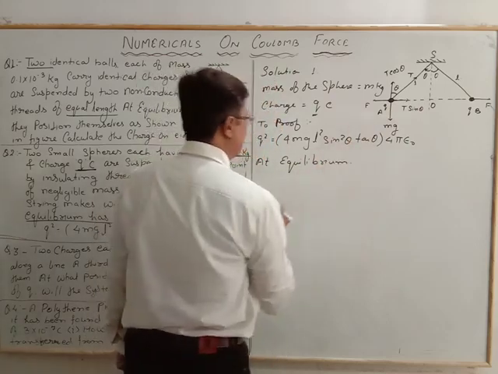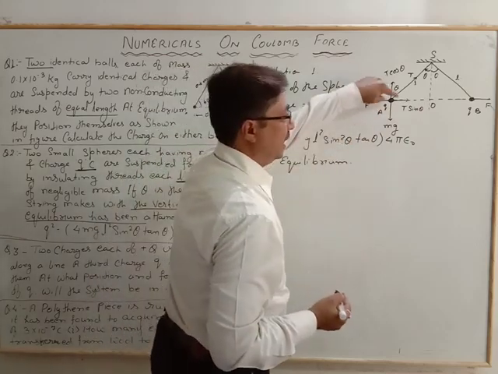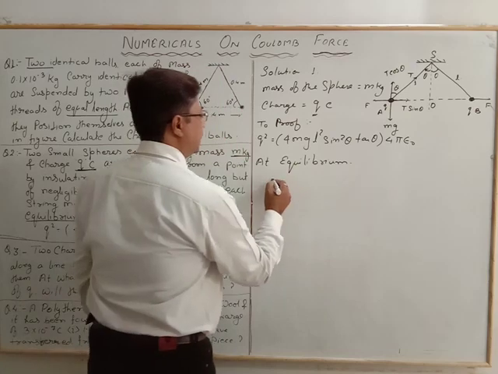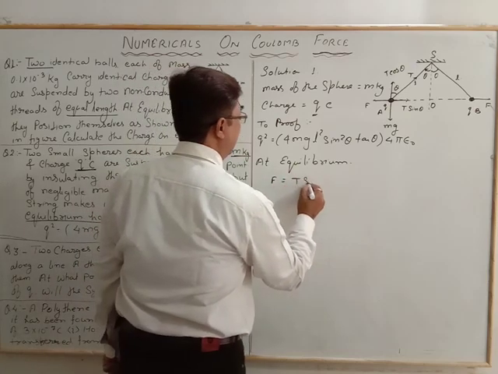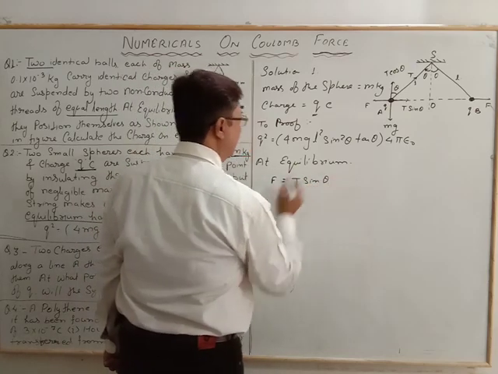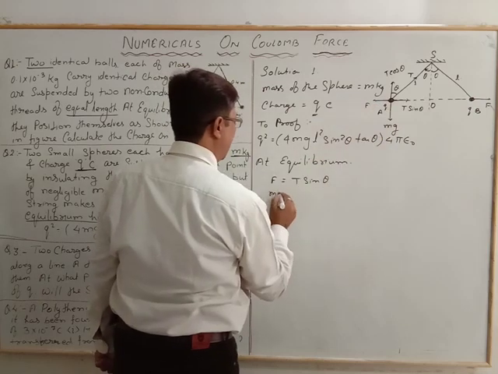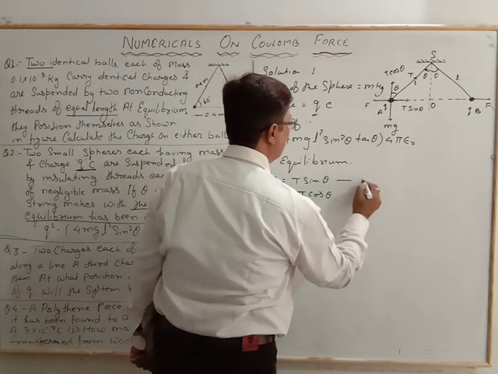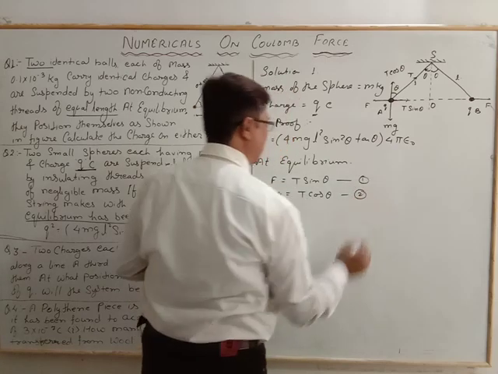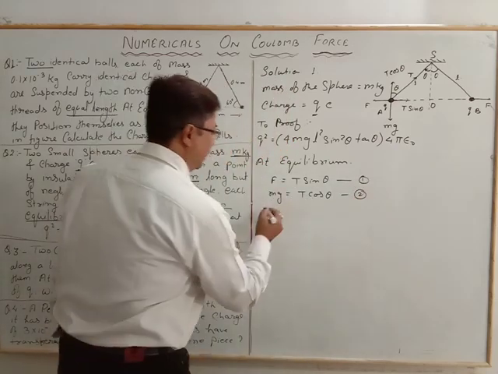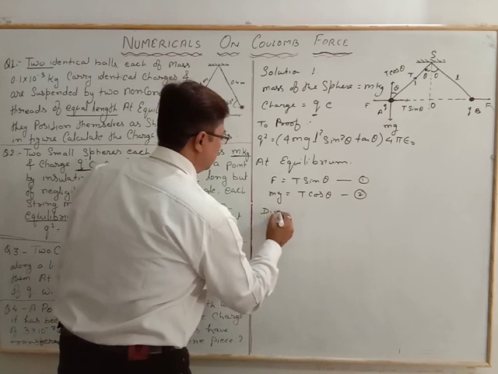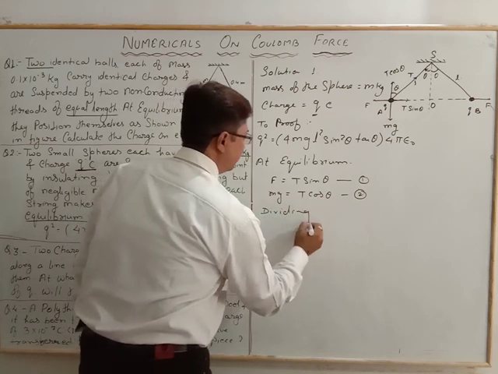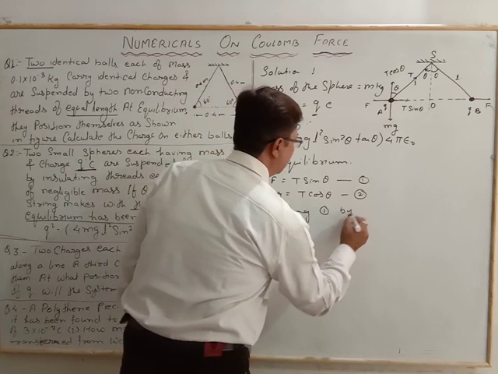So that means they counterbalance each other. So on that case force F is equal to T sin theta, and mg is counterbalanced with T cos theta. These are equation 1 and relation number 2. Now again we divide 1 by 2.